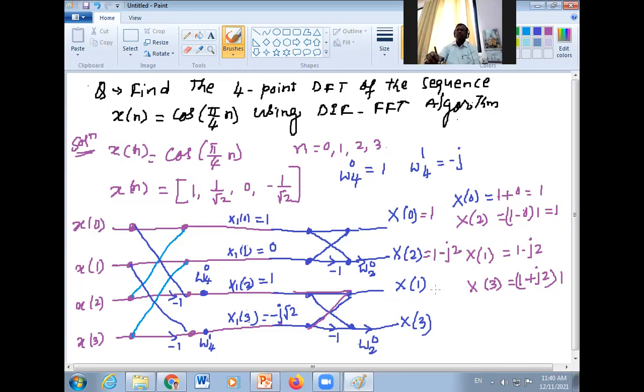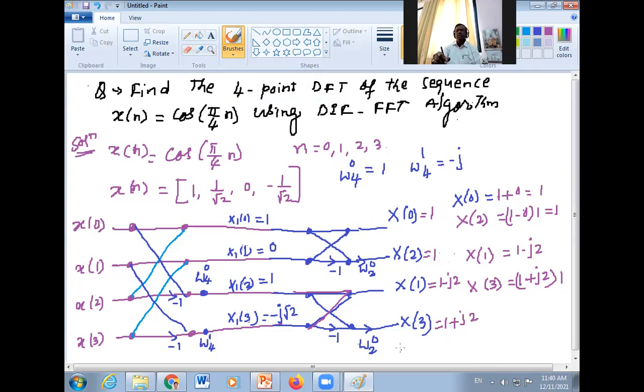So we'll write the answers here. This is 1, this is 1 minus j2 and this is 1 plus j2.